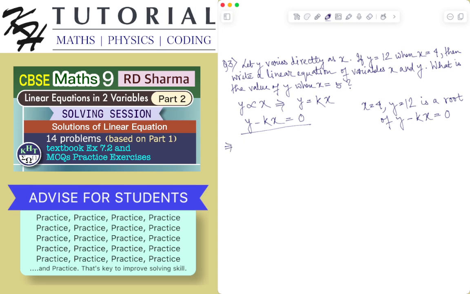So x equals 4 and y equals 12 must satisfy y minus kx equals 0. So x equals 4 and y equals 12 will satisfy the linear equation in the variables y and x.